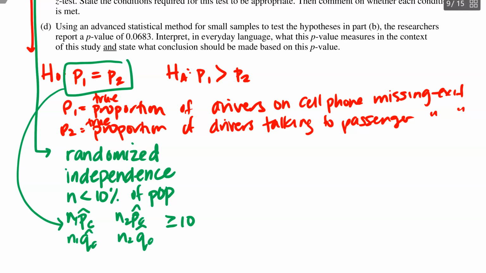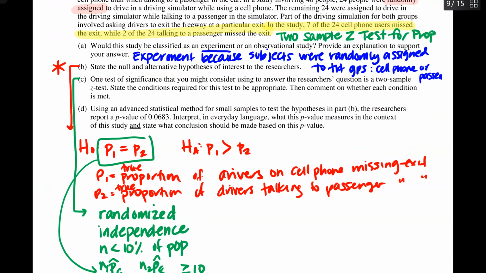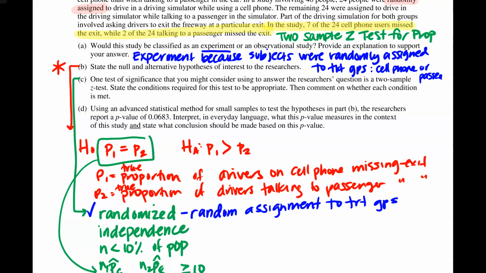So randomized, we had random assignment. So our two groups have this randomized piece. This also gives us the independence, right?